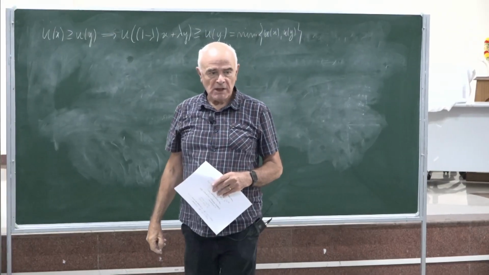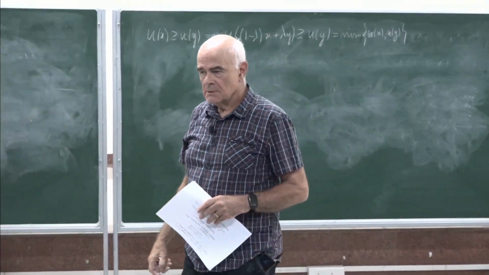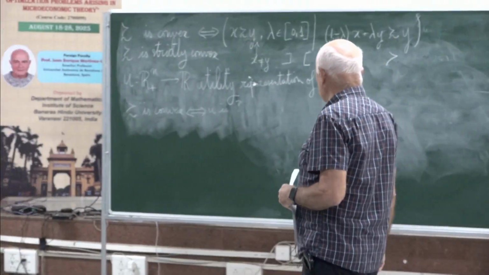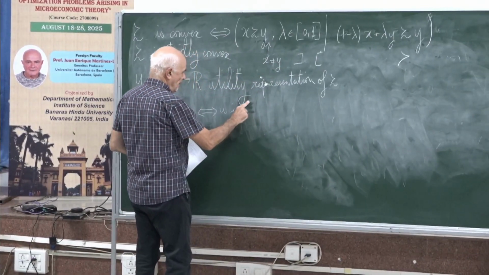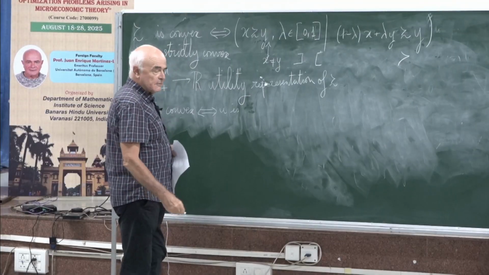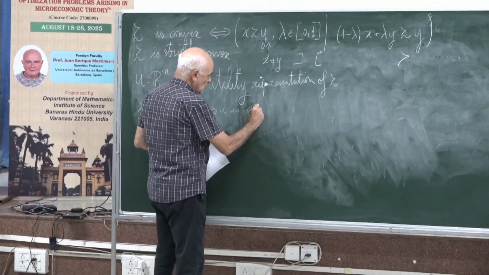This is quasi-concavity. Okay, so a preorder is convex if and only if U is quasi-concave.